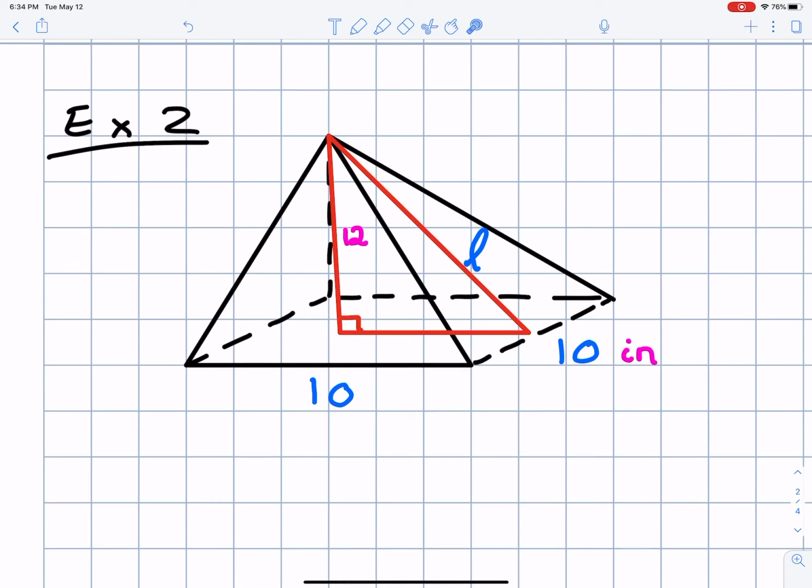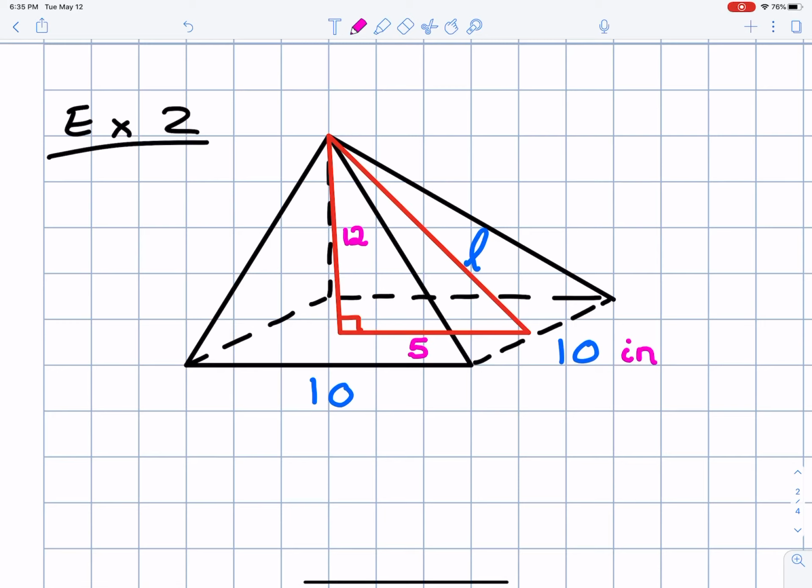So let's see. Notice that this triangle right here is a right triangle, and we already know one of the sides. One of the sides is 12. And I think you'd agree with me, we actually know the length of this too. If this point right here is in the middle of the square, then I think you'd agree this has to be 5 inches.